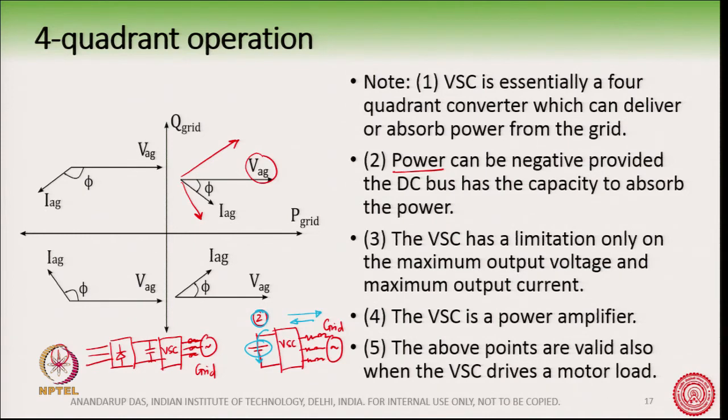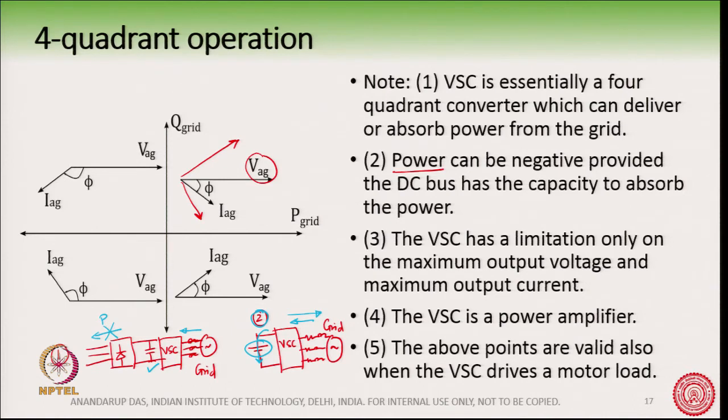But when the power is negative from the VSC and it flows into a capacitor, what will happen? Now, the diode rectifier will not allow the power to flow back. It is a unidirectional device.